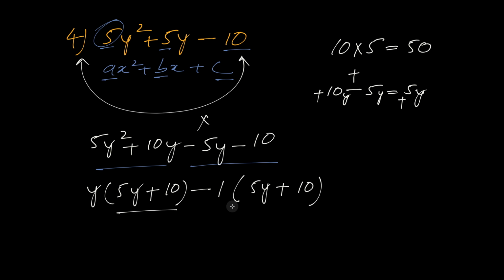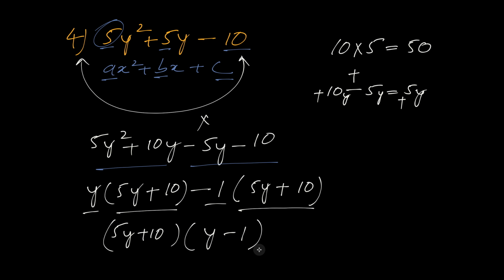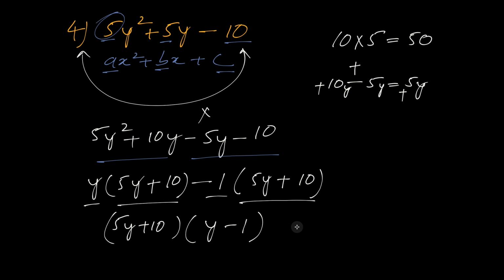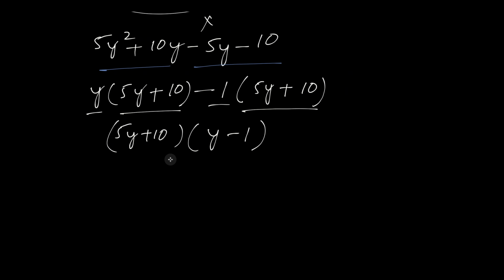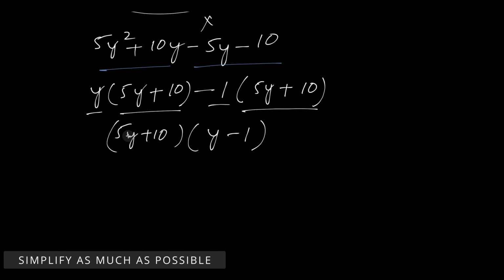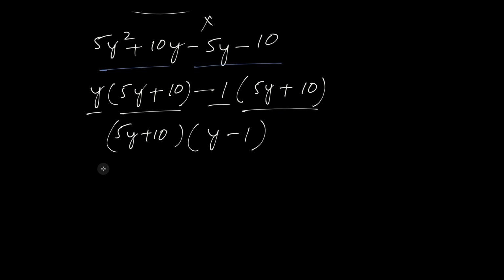Okay, now take these parentheses one time, 5y plus 10, and these two variables, y minus 1, as one time. This is going to be the answer, but we are not going to write the answer as it is. Why? Because if you see 5y plus 10, still there is a common factor between these two numbers. What is that? Which is 5.